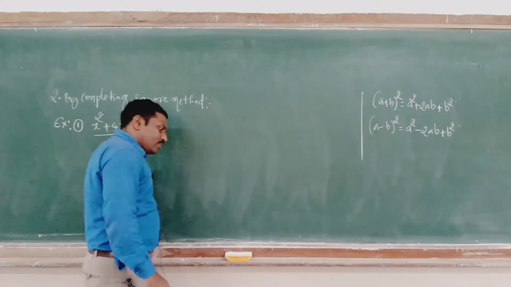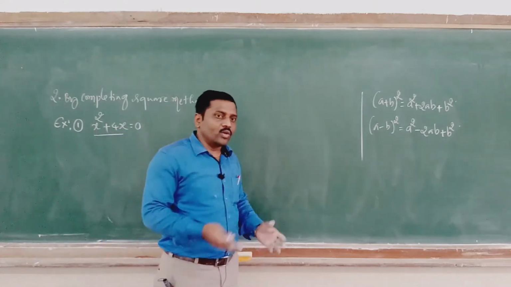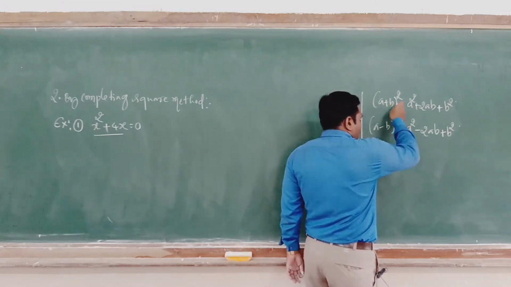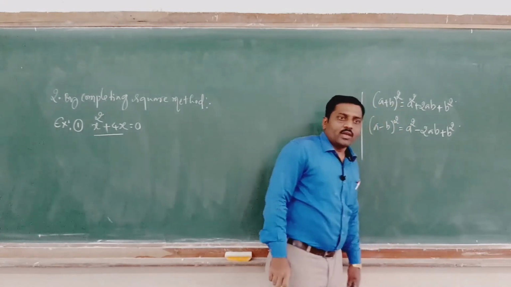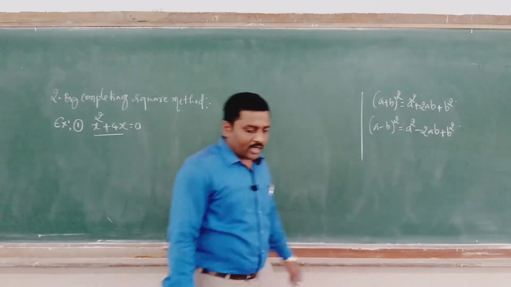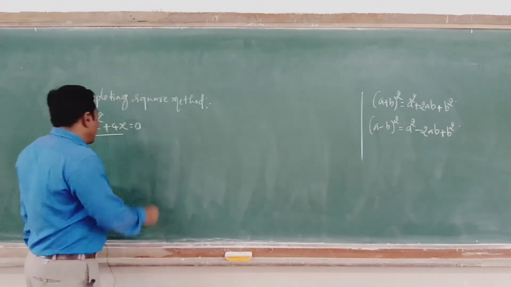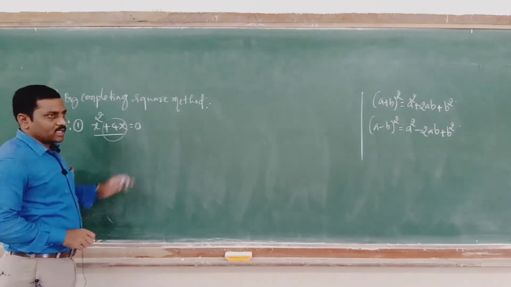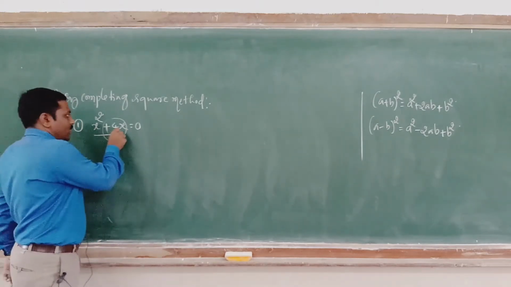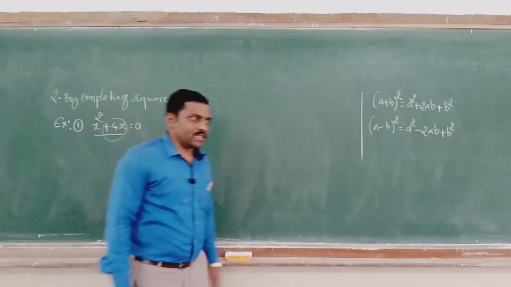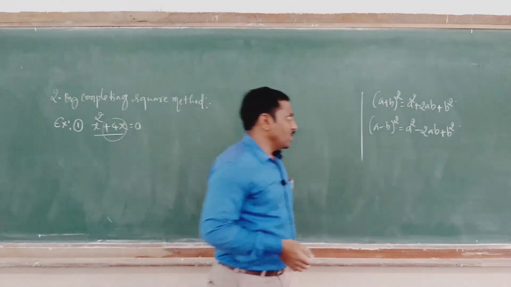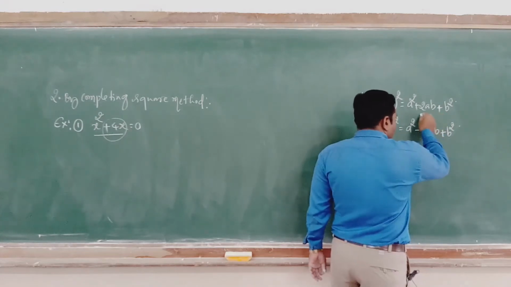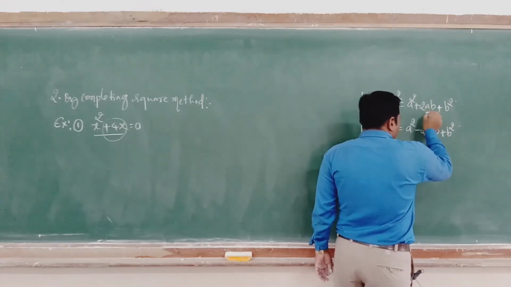This example or these problems we can convert to either one of the formulas, (a plus b) whole square or (a minus b) whole square. But looking at the example here, the middle term is plus 4x, and the last term is absent. The sign is plus. So in the given two formulas, which one has the positive middle term?